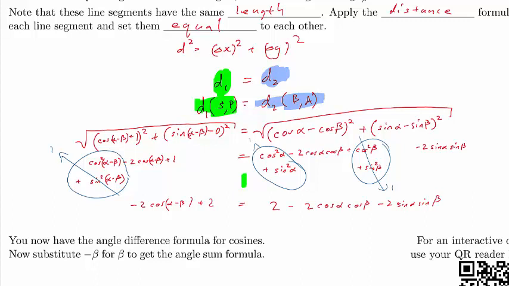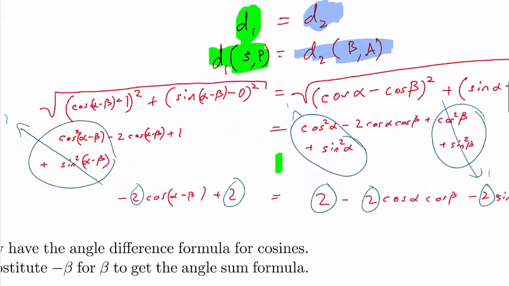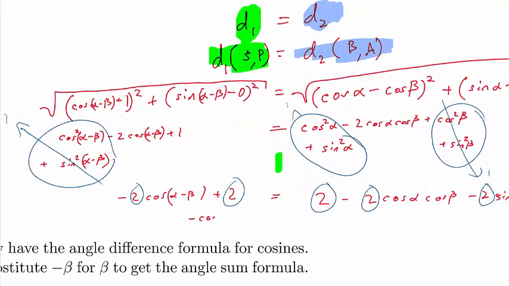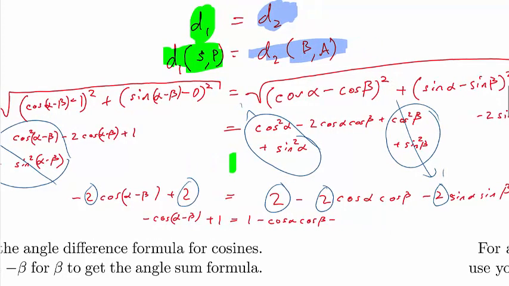And note that we've got a 2 present in each and every single term, so that means they can all reduce to just 1. And so we can actually write this as negative cosine alpha minus beta, just taking the 1 off of each and every one of these.